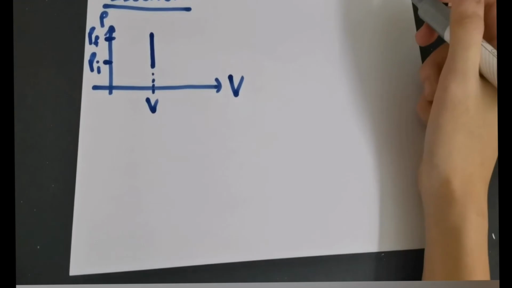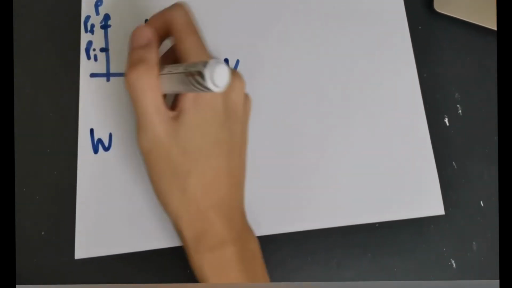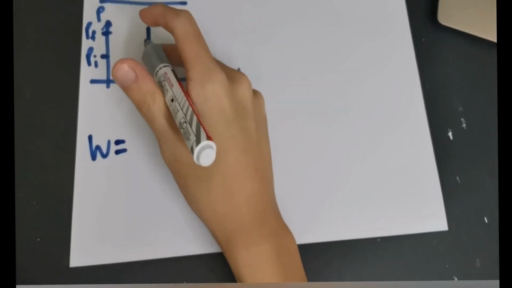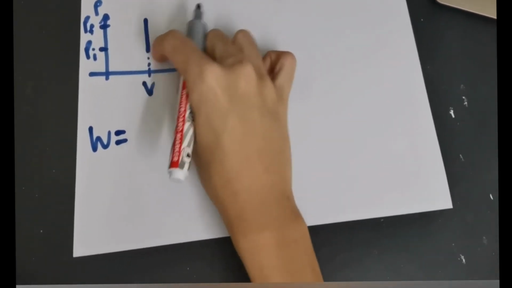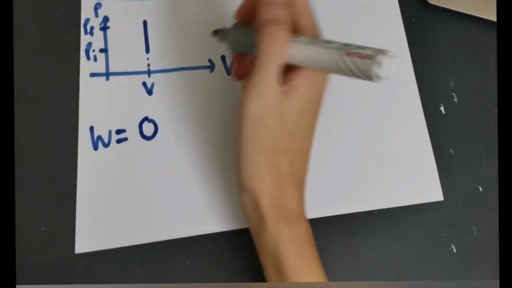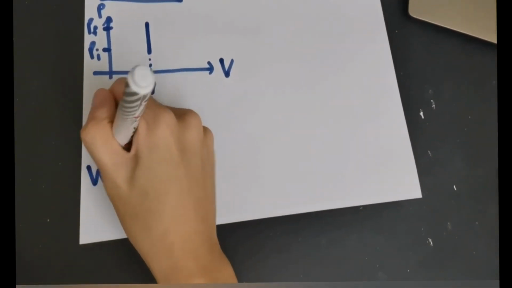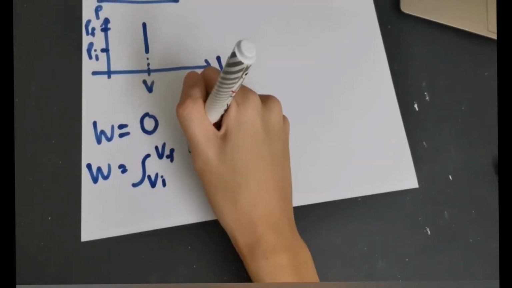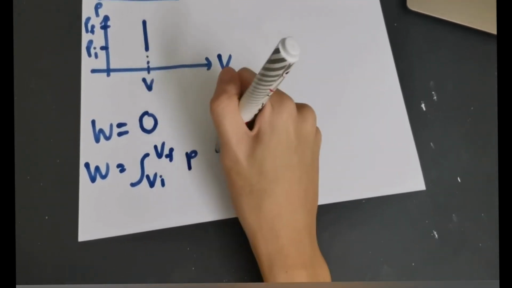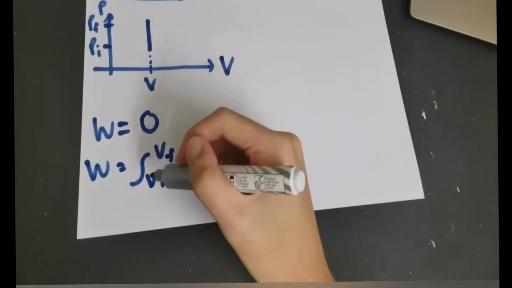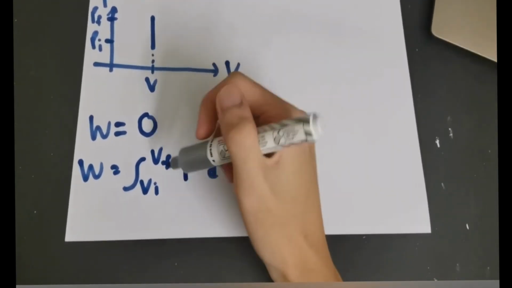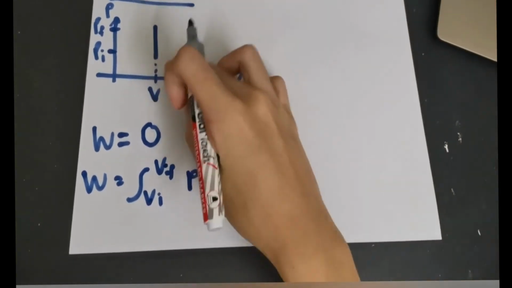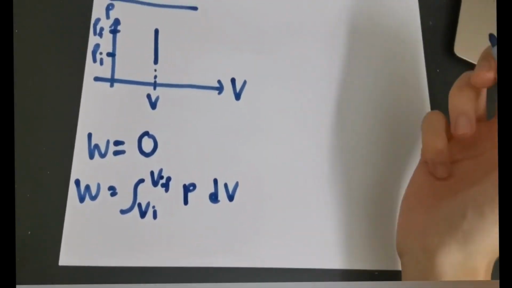So to find the isochoric work, look at this. This is just a straight line. There's no area underneath it. Work is just 0. Because remember, from V initial to V final, P dV. Since it's the same V, remember in maths, if we integrate over the same V, we get 0. In this case, it's the same V, so 0.